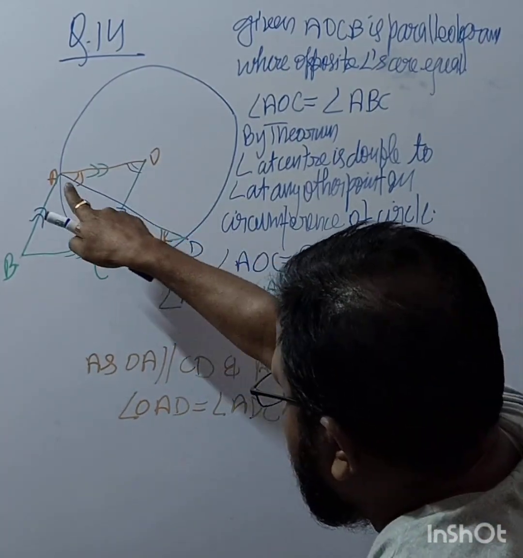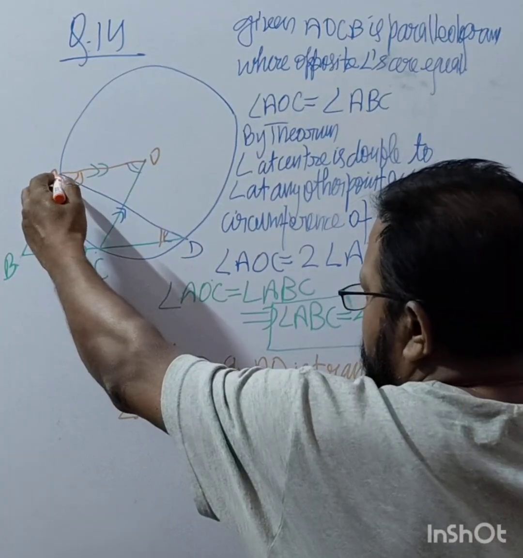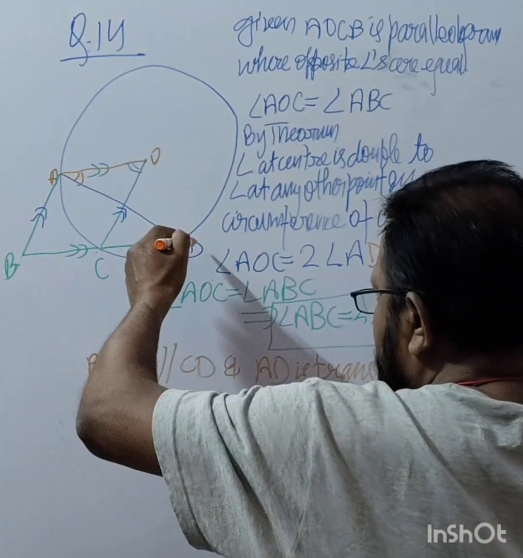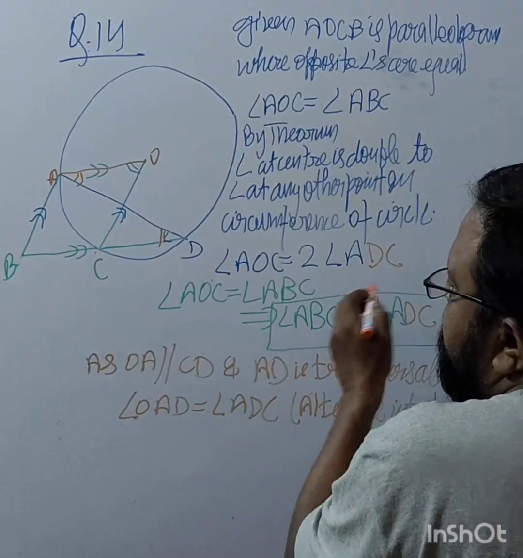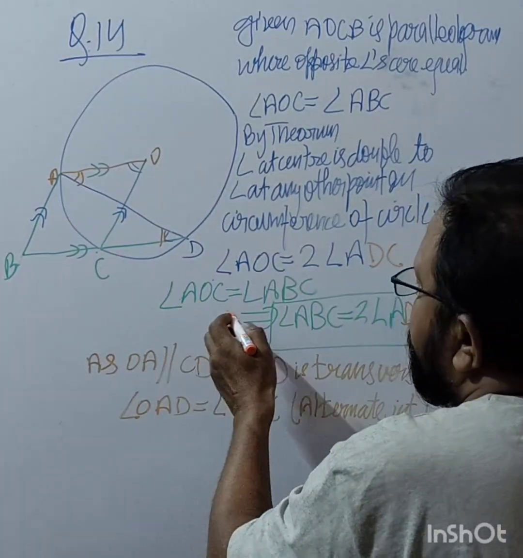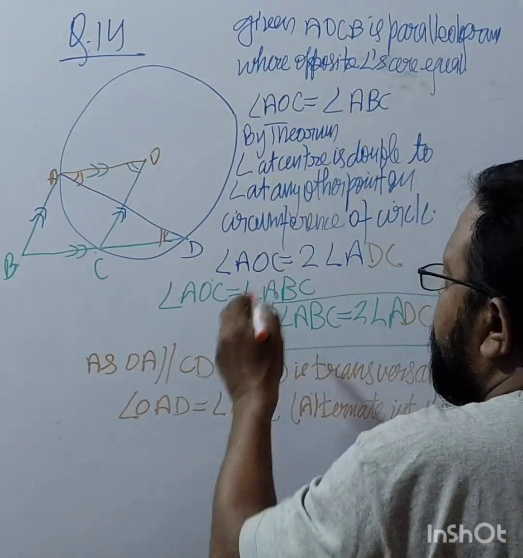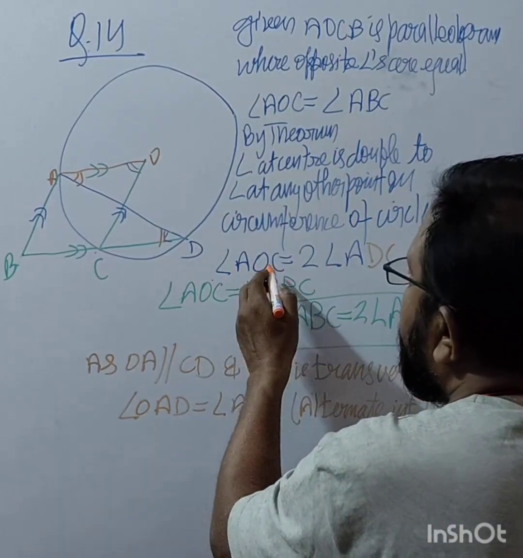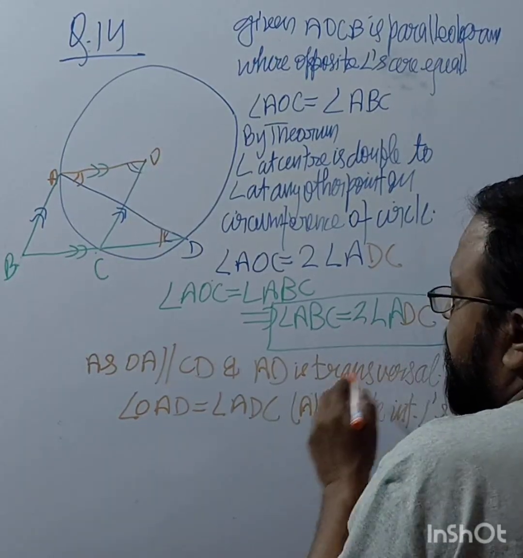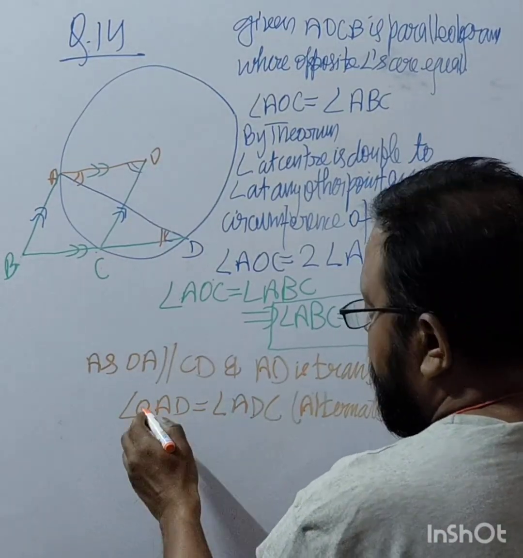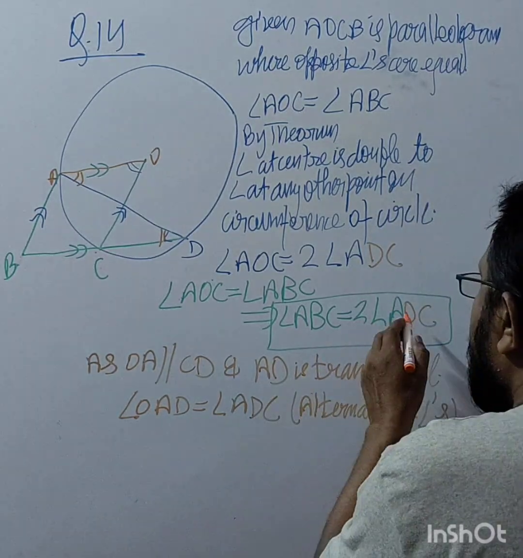So angle AOC is double of angle ADC. So by mistake I wrote it here. Then angle AOC is equal to ABC, as given here. So in place of AOC we have taken ABC and 2 angle ADC. Now we prove that angle OAD is equal to angle ADC.